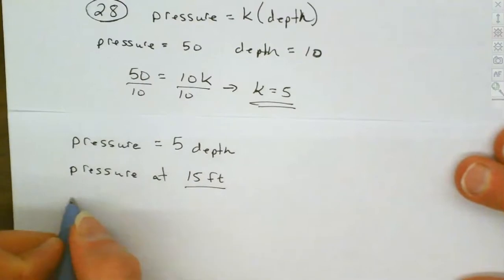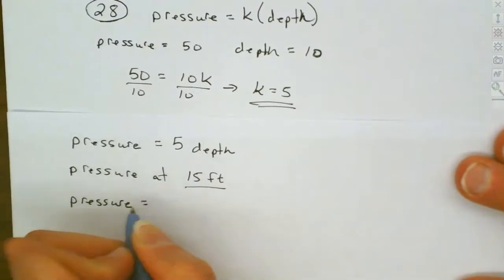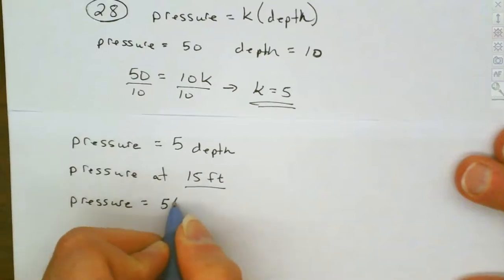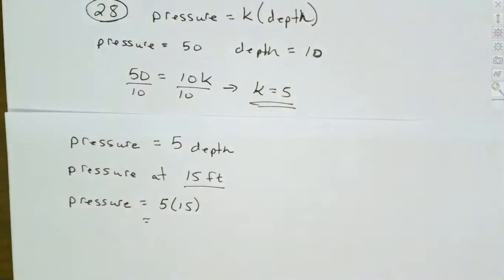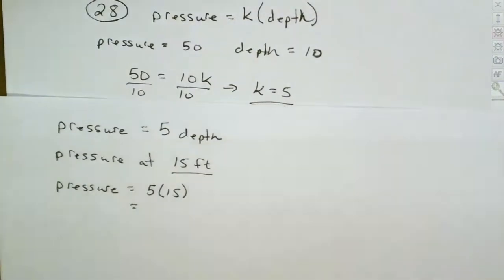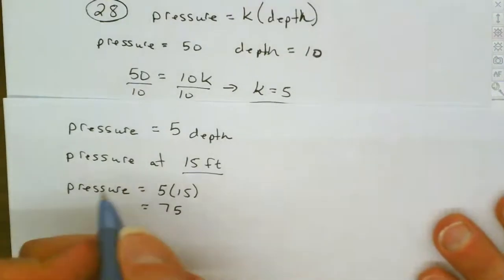That's the depth. So that tells me then that my pressure is going to equal now 5 times that 15, because that's my constant, and 5 times that 15, well, that comes out to 75. So that's going to come out to be 75 psi.